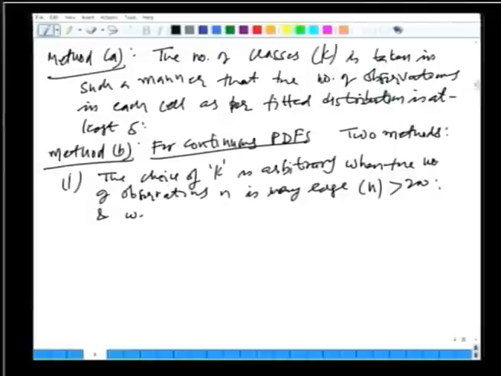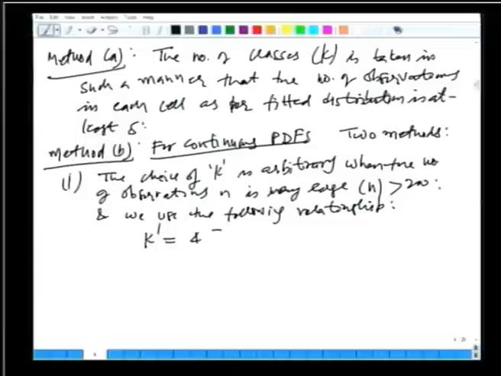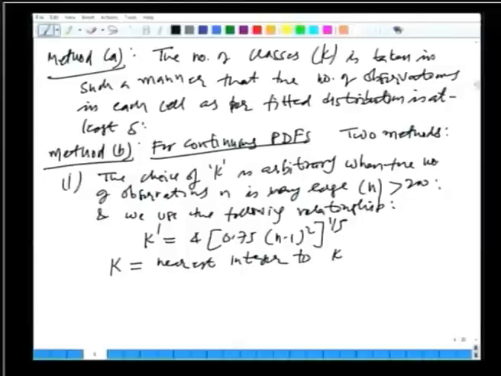We use the following relationship in this case, okay. It says K prime is equal to 4 times of 0.75 and n minus 1 square, everything raised to the power 1 over 5, okay. So, what we do is then we take the value of K as the nearest integer to K prime, okay.